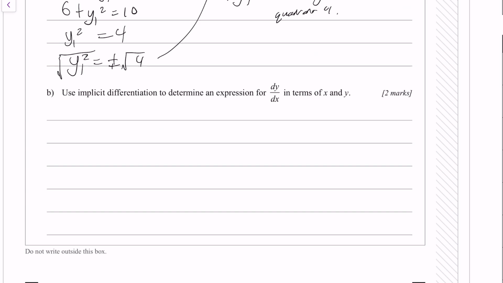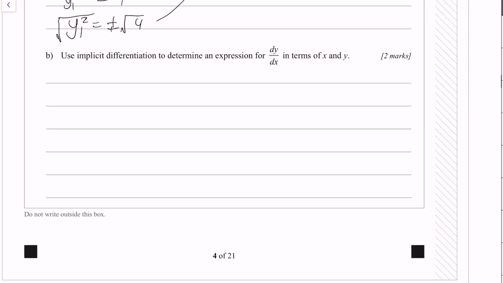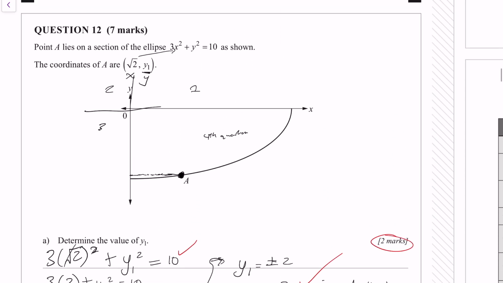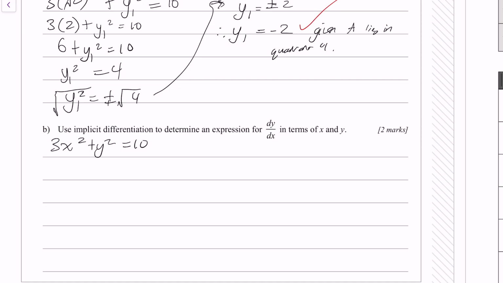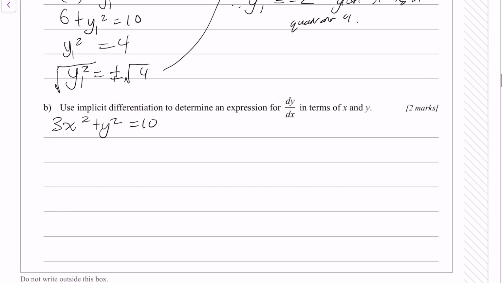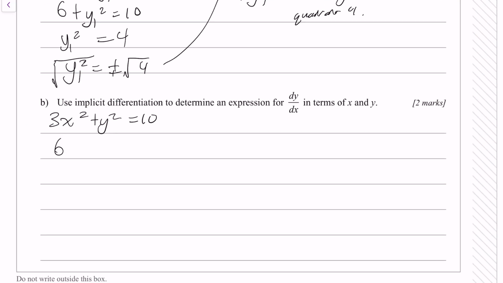And now we have to use implicit differentiation to determine an expression for dy/dx in terms of x and y. Okay, so if we just rewrite our original equation so it's easier for us to look back on, then when we do implicit differentiation in terms of x, okay, then 3x squared will be the same.